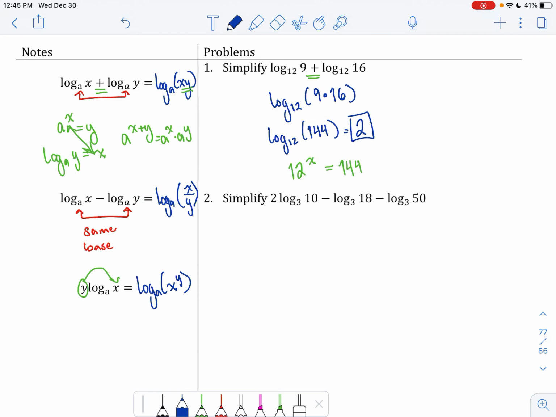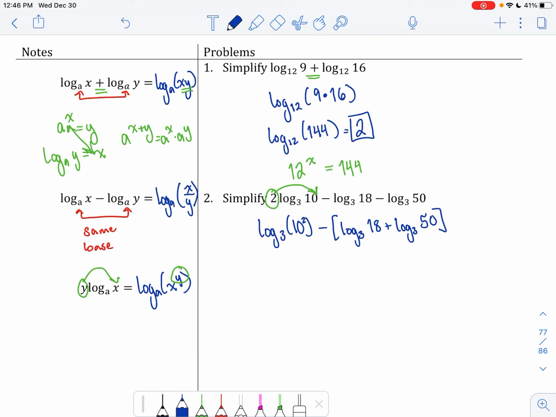A helpful way to think about this is minus, log 3 of 18 plus log 3 of 50 inside of parentheses like this, which can be helpful at illustrating that they both need to end up in the denominator since they're both being subtracted like so. What we'll do here with the 2 is we'll move it up as an exponent just like we saw right there. So we end up with log 3 of 10 squared.